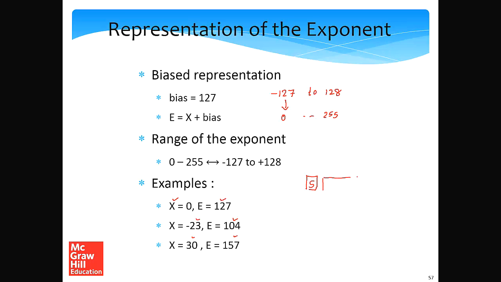After that, we have 8 bits, and the 8 bits are for the exponent. The exponent is actually x, but its representation is e. And what is the relationship between e and x? We are saving e where e is equal to x plus the bias. So whatever the real exponent is, we add 127 to it and we save it in this particular number system.